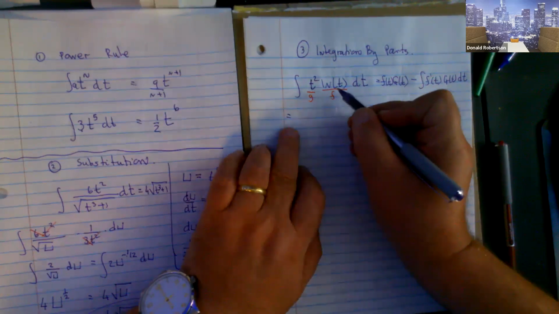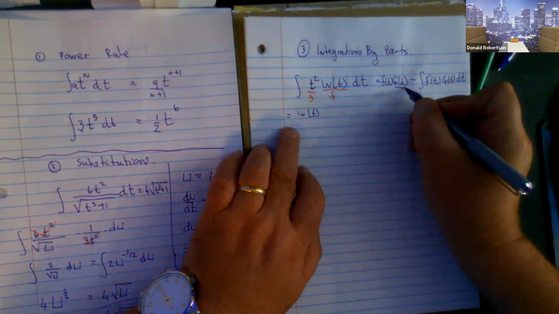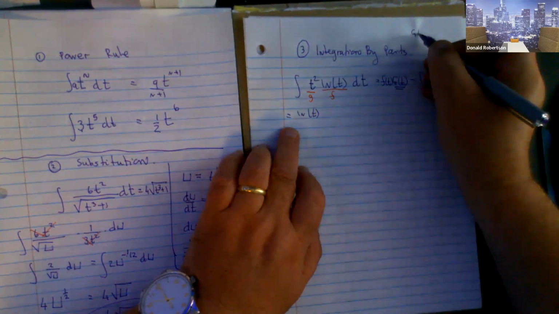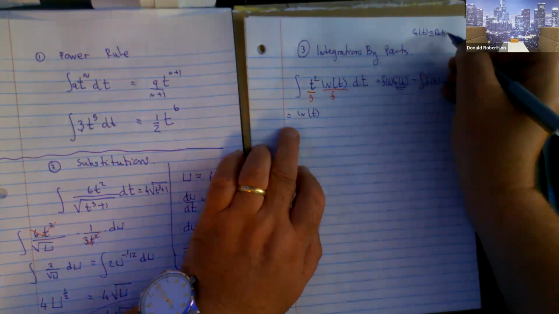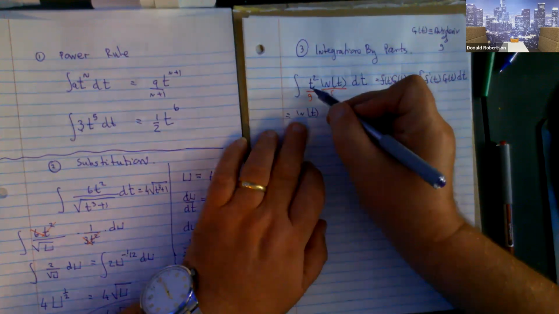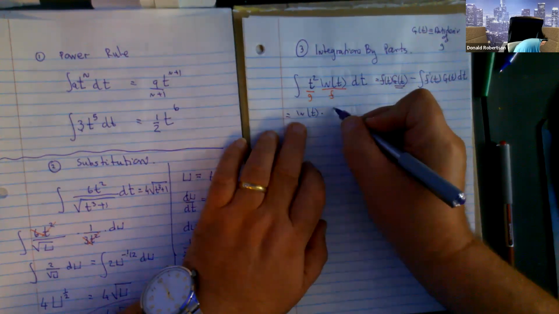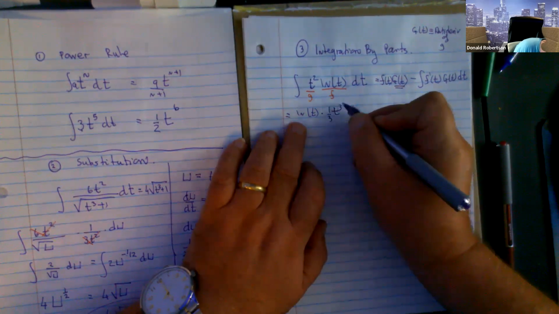F of t is this guy, times capital G of t, which means the antiderivative of g. Well, if you find the antiderivative of t squared, it's add 1 to the power and divide by the new power. So it's that guy.